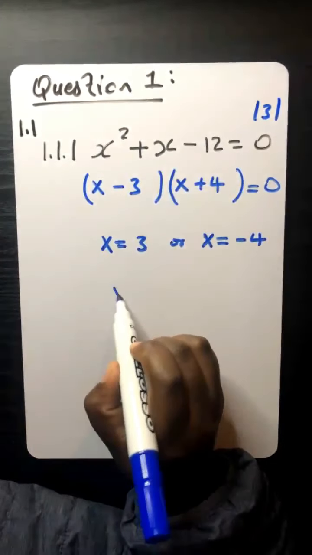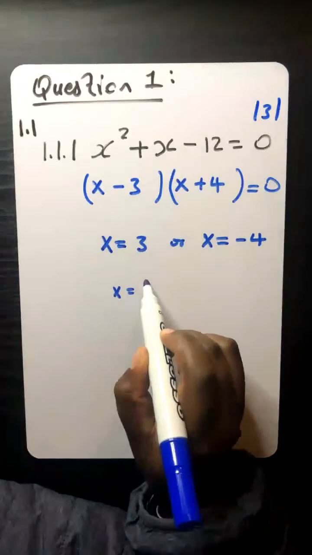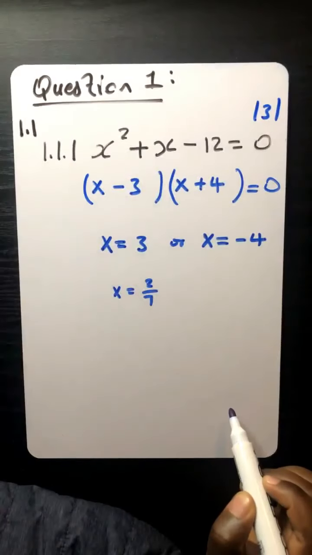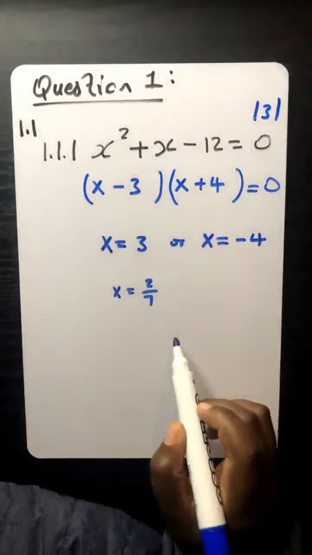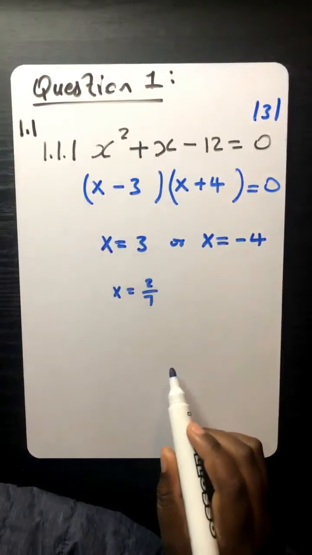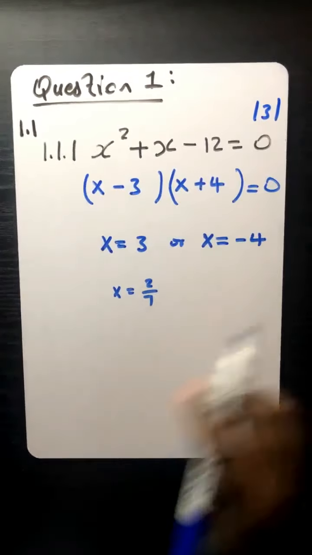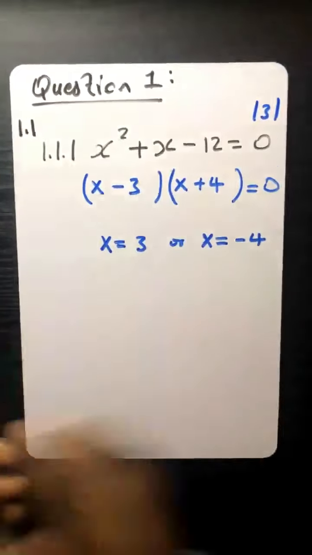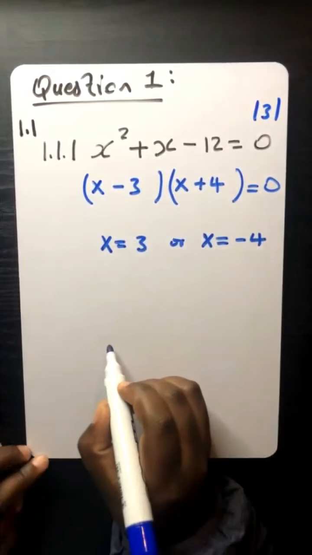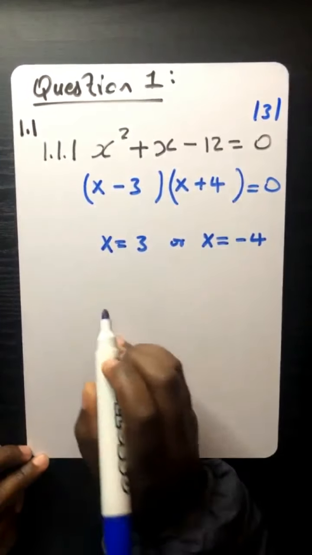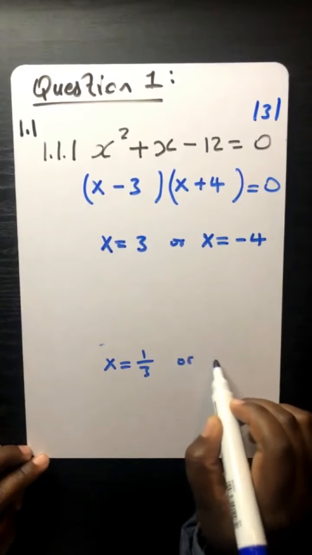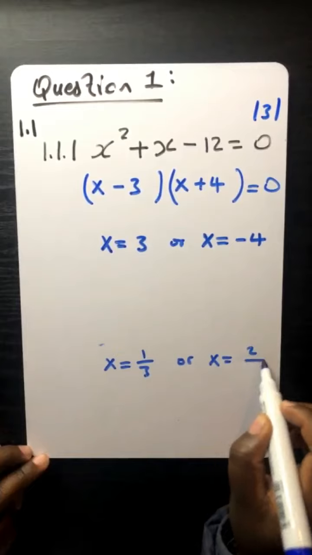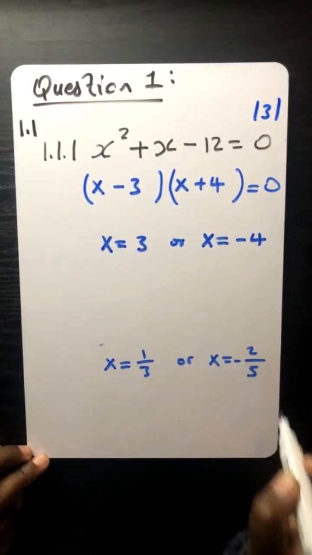For example, if your x is, let's say, 2 over 7, when you have to rewrite it inside the brackets, remember this thing, you do it in reverse. Let me just write it down so that it makes perfect sense. Let's say your x was equal to 1 over 3, or your x was equal to negative 2 over 5.